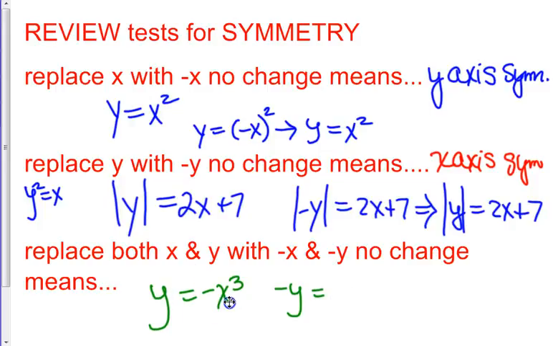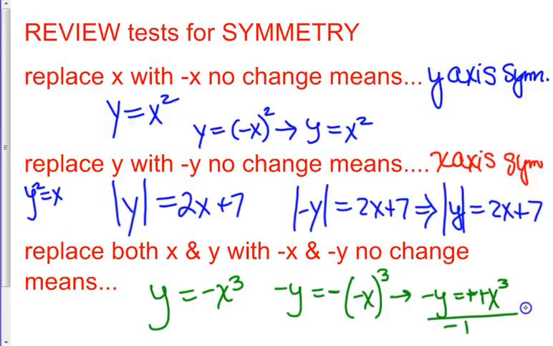Okay, so if this is the original function and you replaced the x with a negative x, when you cubed it, you would get negative y equals negative. Here, this would be a negative x cubed, which would become what? Positive. And then if you divided both sides by negative 1, you'd have y equals negative x cubed again. You would just look for this test that replaced it, and you would say then it would have symmetry with the origin.